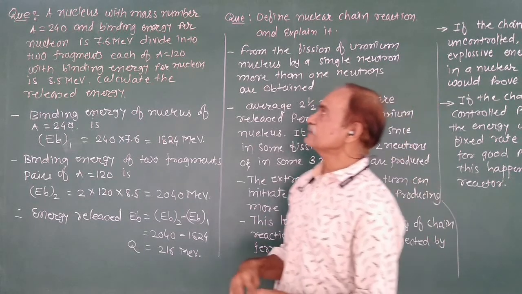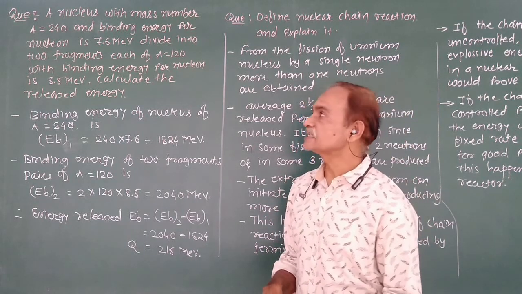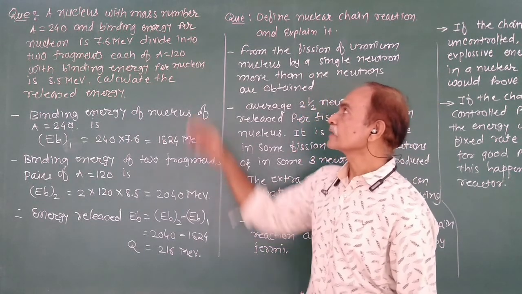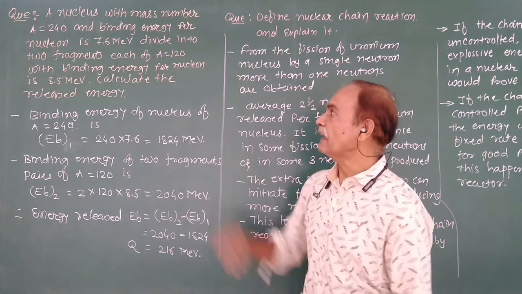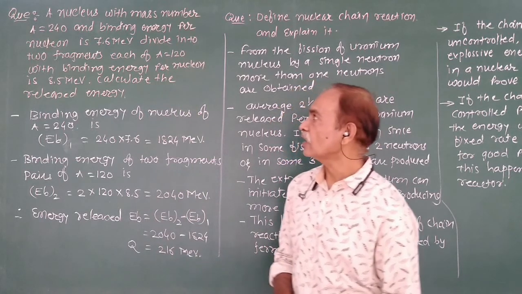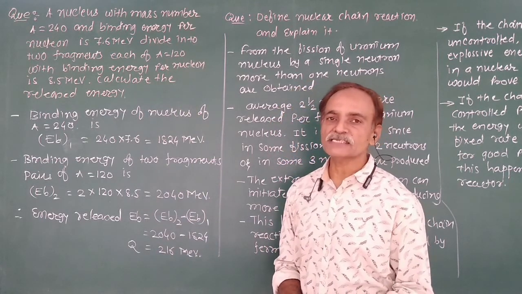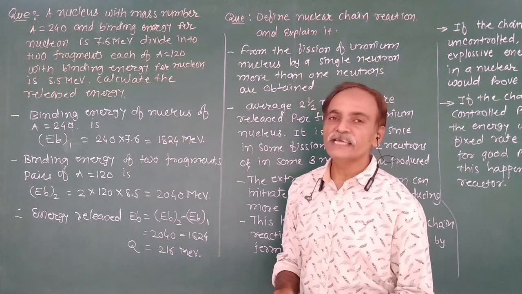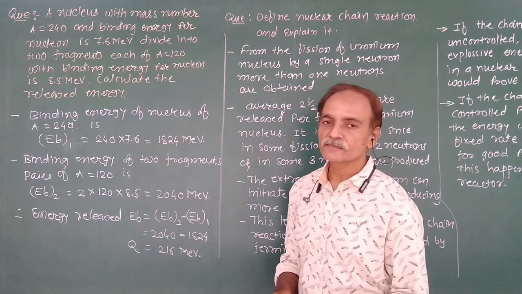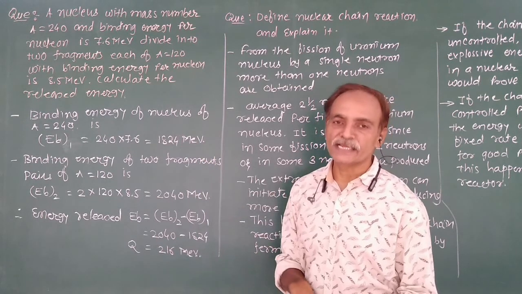A nucleus with mass number A equal to 240 and binding energy per nucleon 7.6 MeV divides into two fragments, each of atomic mass number 120 with binding energy per nucleon 8.5 MeV. Calculate the released energy.